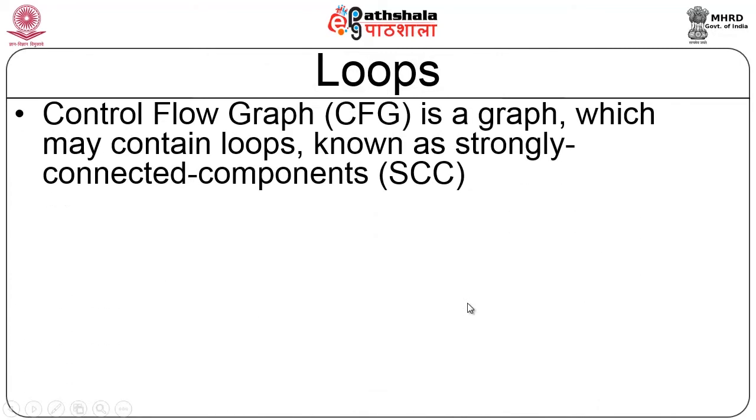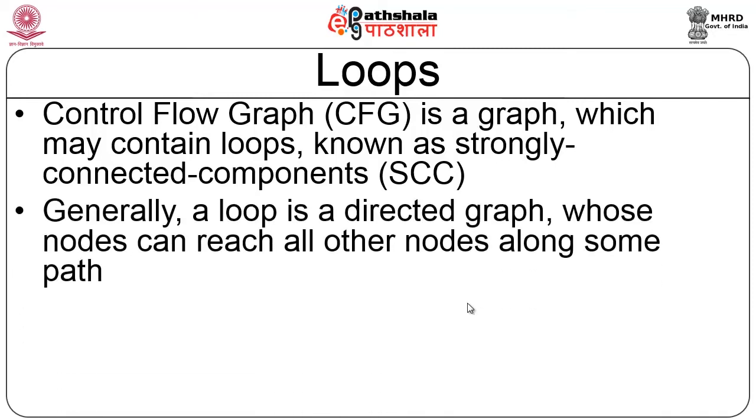Now, the next one which is very important for further modules is a knowledge of loops. A control flow graph can be looked upon as a graph which may contain loops, and these loops are typically known as strongly connected components. Generally, a loop in a directed graph is one whose nodes can reach all other nodes along some path.